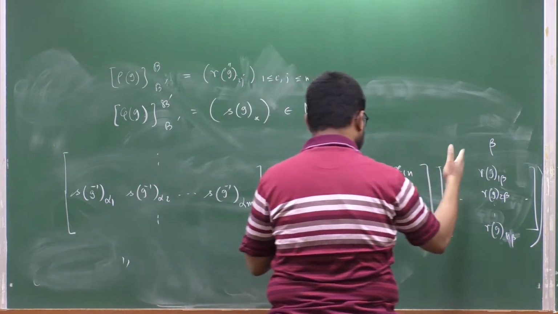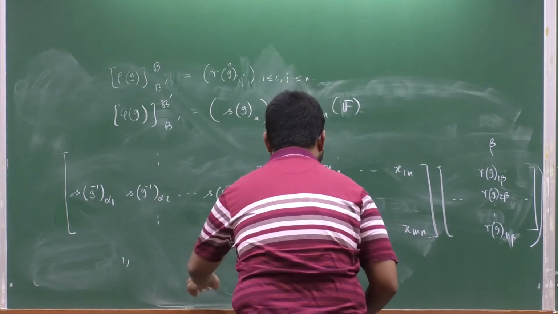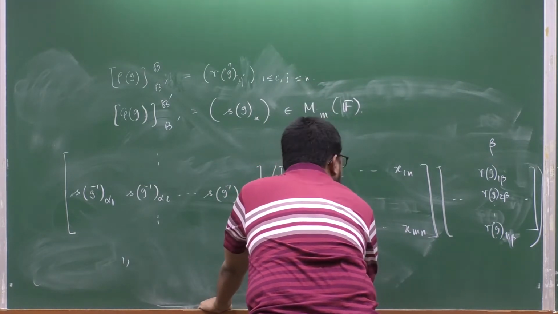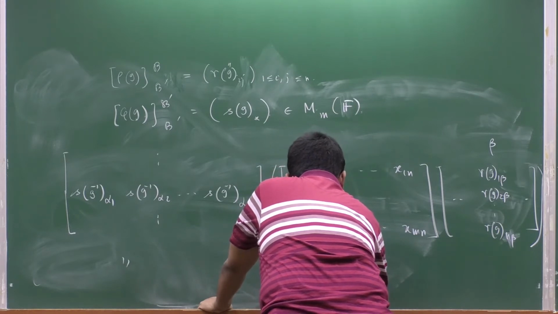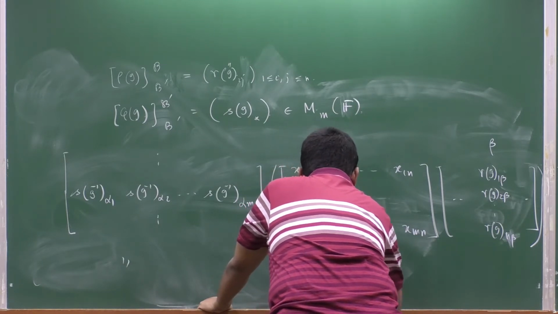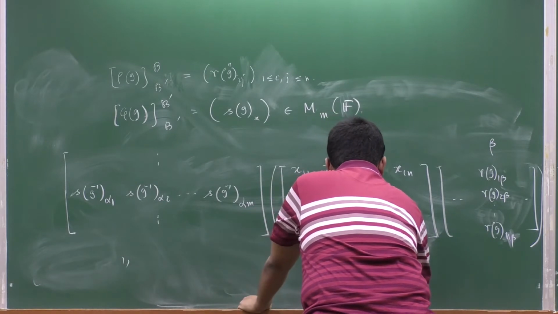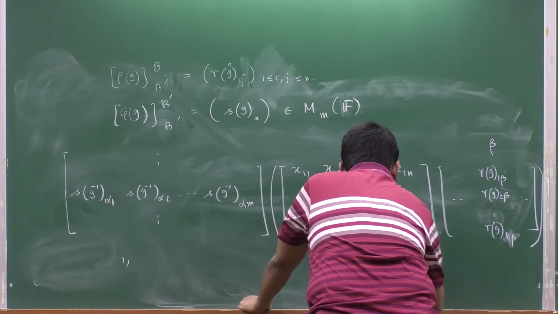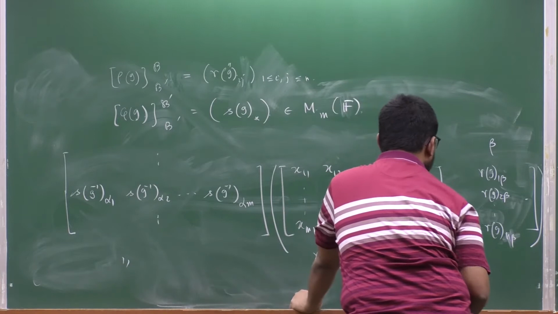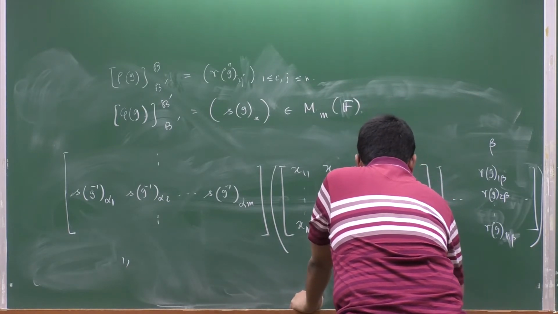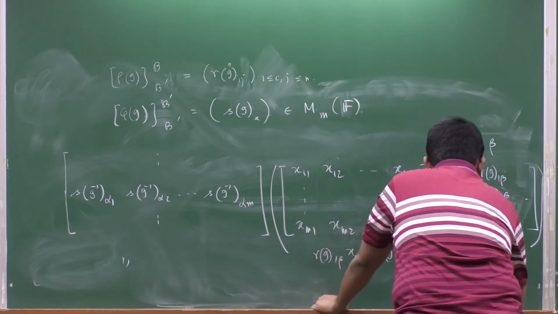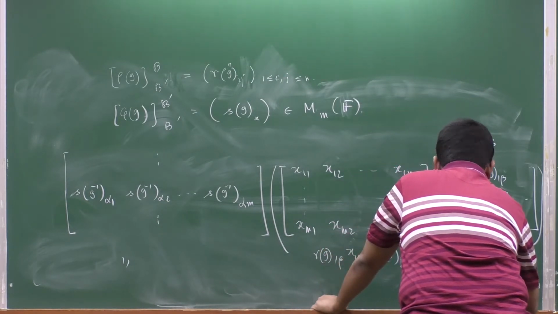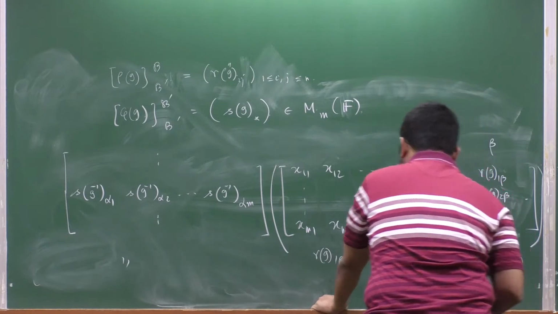So therefore the j beta-th column of this matrix is certainly going to be the following object: Rg 1 comma beta x11 plus Rg 2 comma beta x12 plus Rg n comma beta x1n.